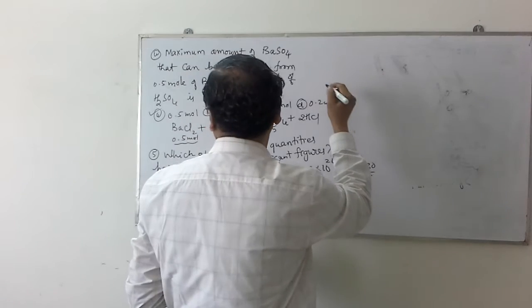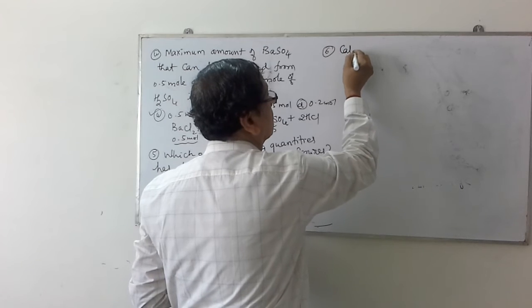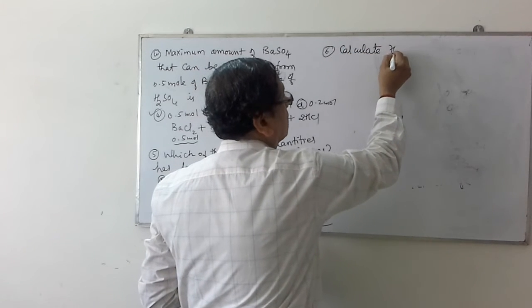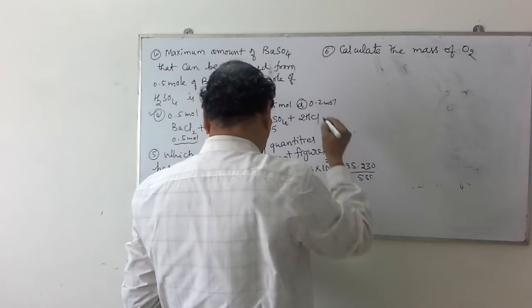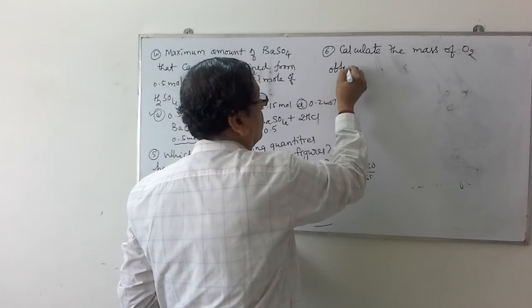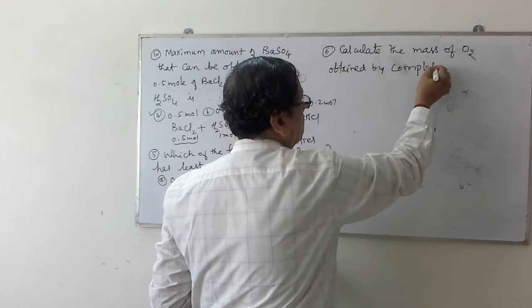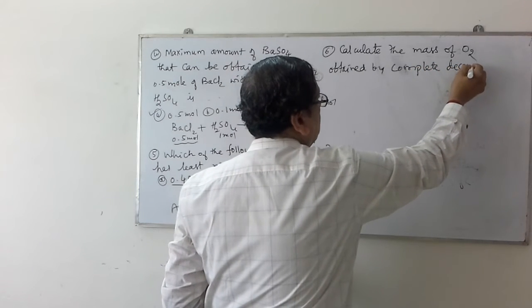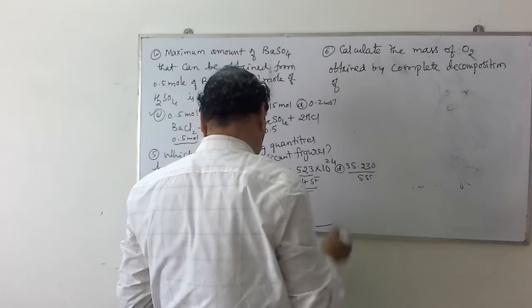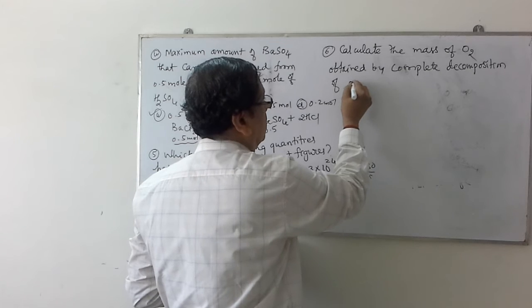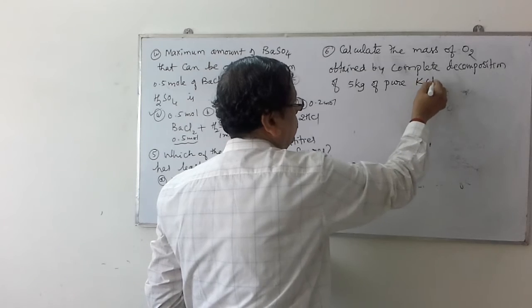The next question. Calculate the mass of oxygen obtained by complete decomposition of 5 kg of pure KClO3.